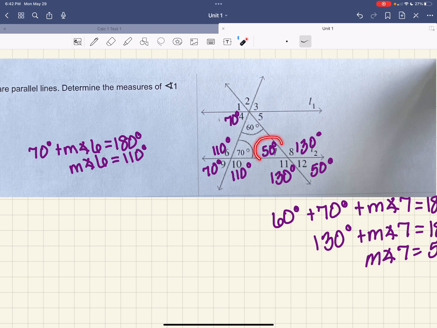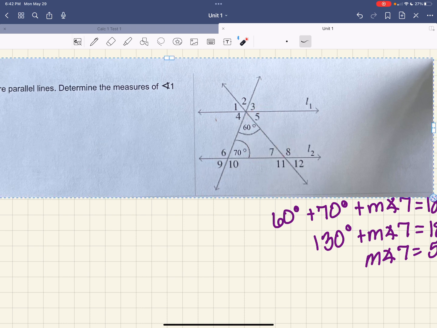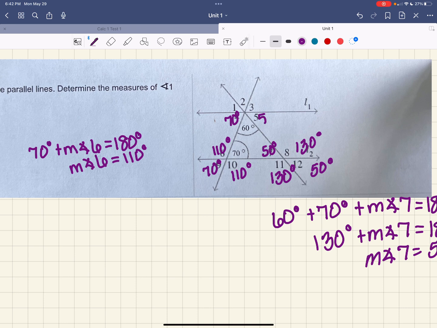The measurement of angle 5 is going to be equal to this angle right here, so that is going to be 50 degrees. Then we can double check ourselves because 70 degrees plus 60 degrees plus 50 degrees has to be 180 degrees because that makes a line right there, and it does.